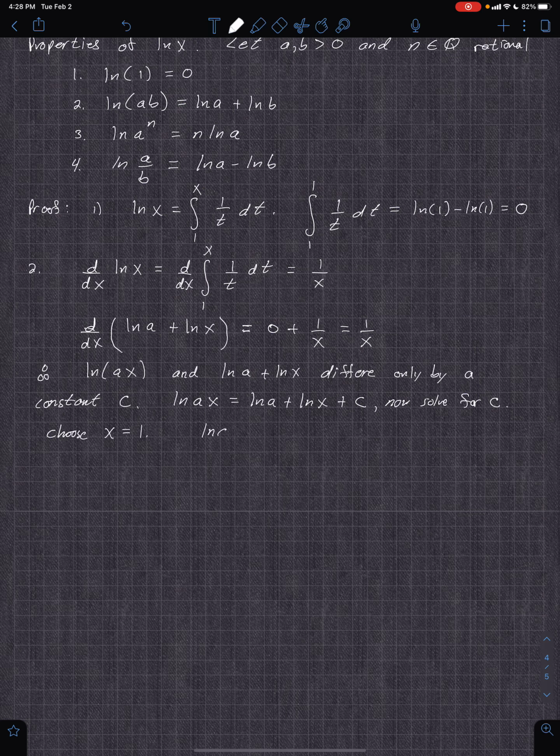So you get ln A is equal to ln A plus ln 1 plus C. So you get ln A is equal to ln A plus C if and only if C is equal to 0. So you get this expansion is true for any x and A.